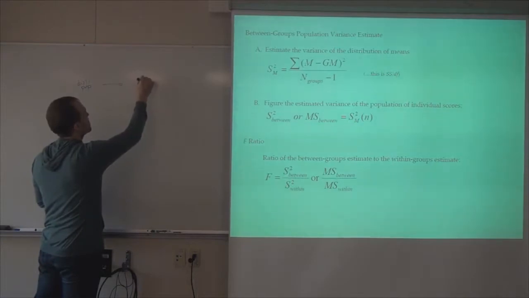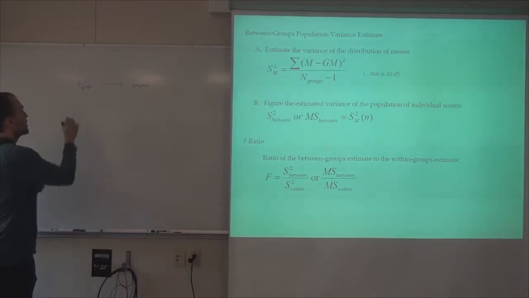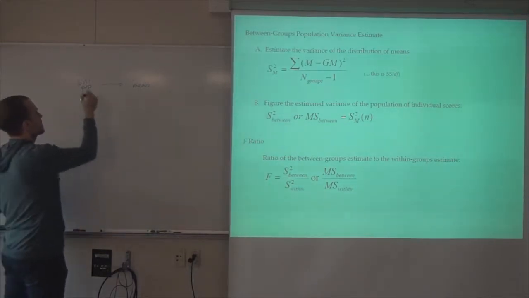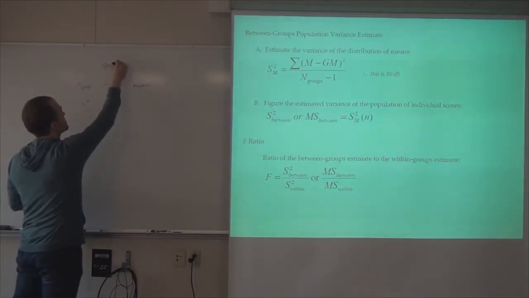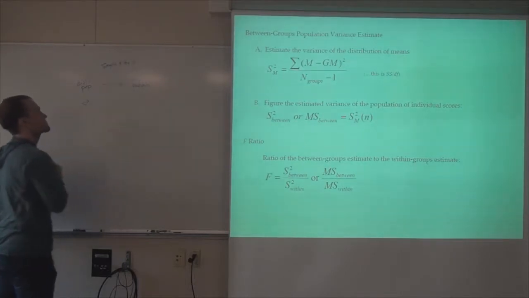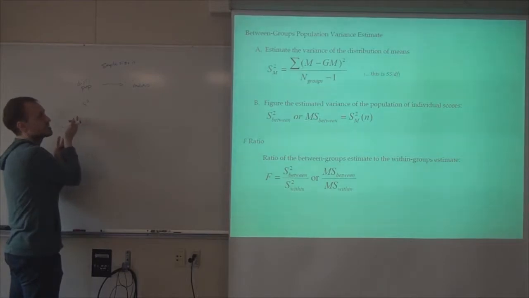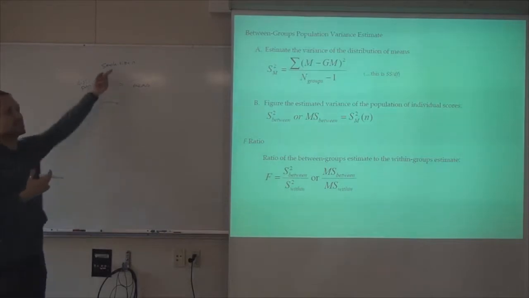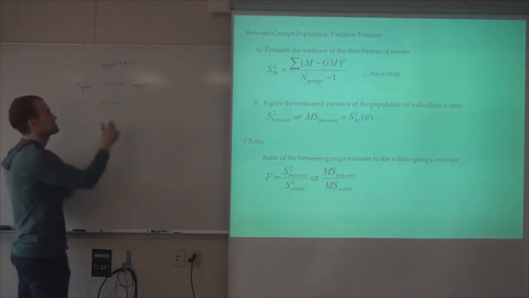Now in the past, we've gone from the population to the distribution of means. How did we do that? Well, we looked at the variance here. Let's say I have a sample size n. We looked at the sample and we estimated the variance using that. Then, because my sample size is greater than 1, I have to see how the mean sits in the distribution of means.